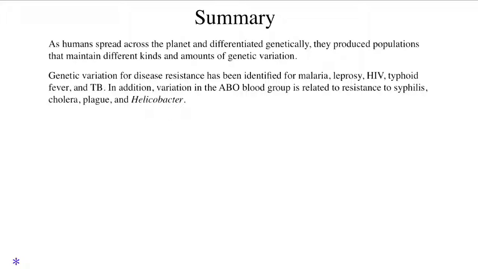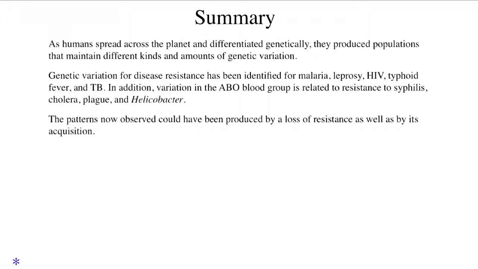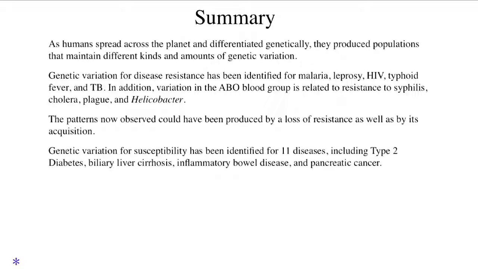Variation in the ABO blood group is also related to syphilis, cholera, plague, and helicobacter susceptibility. These patterns could have been produced by a loss of resistance as well as by its acquisition. So both kinds of things could be going on. There could be some selection for acquiring resistance, and there could be some drift that causes resistance to be lost.